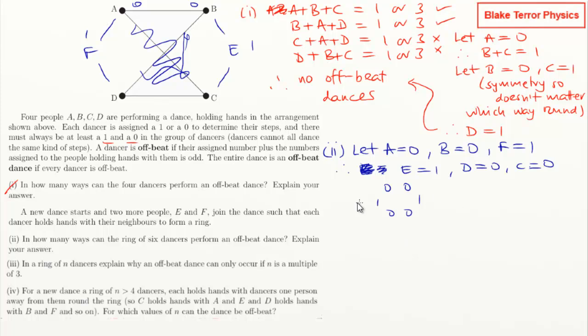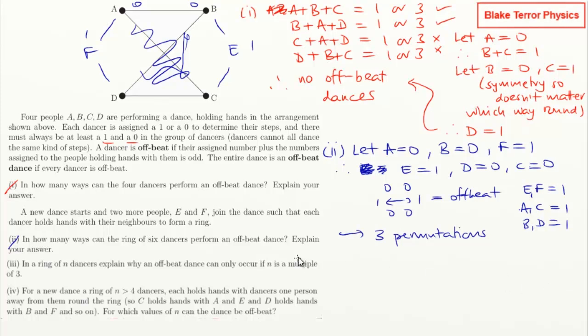That is offbeat, with, in this case, E, F both equal to 1. We need opposite pairs to be 1s. So we could have AC equal to 1, or we could have BD equal to 1. So that leads to 3 permutations. Okie dokie.